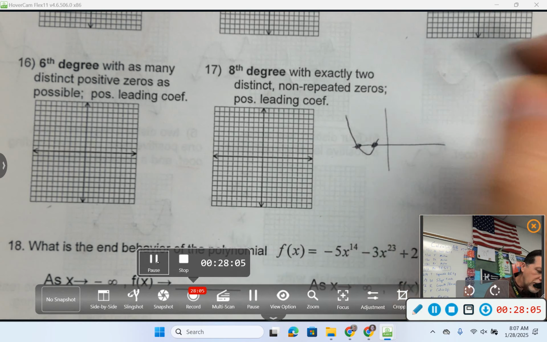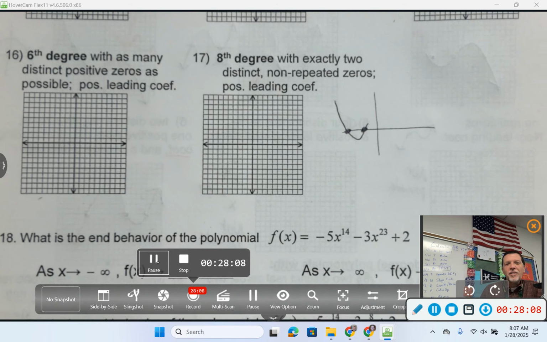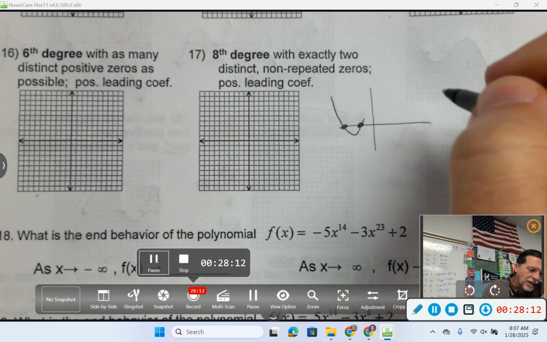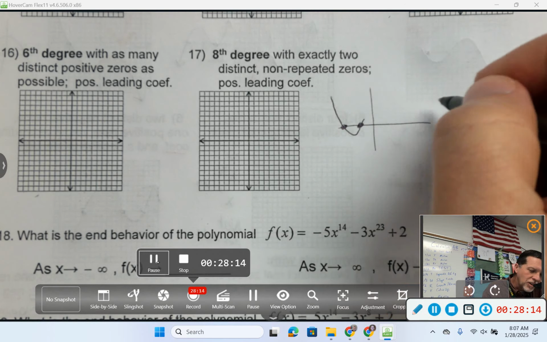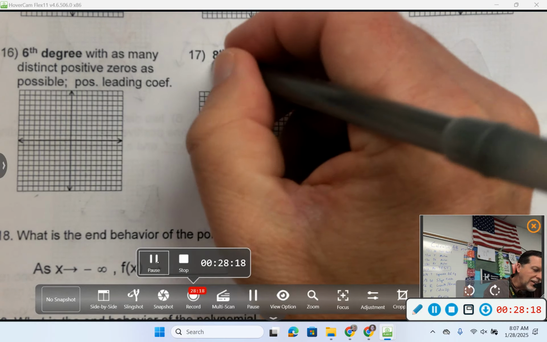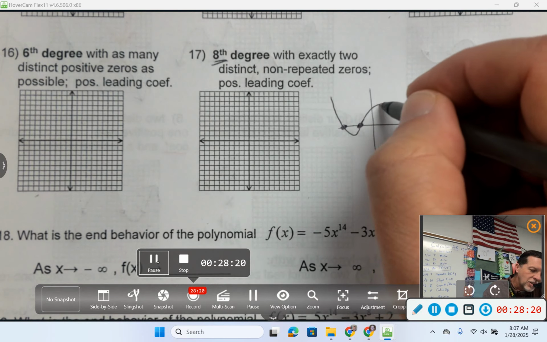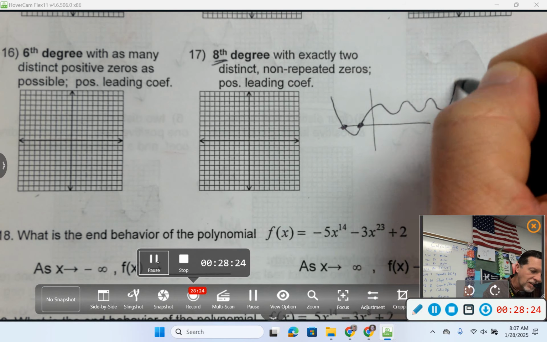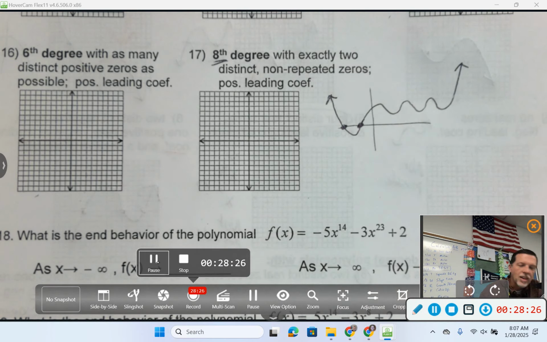So there's one turn. I'm not doing this on the graph because I don't know if this will work or not. So this is my rough draft area. 2 non-repeated zeros, and I need to end going up. And I can have 7 turns. So 1, 2, 3, 4, 5, 6, 7. So there we go. That is possible.